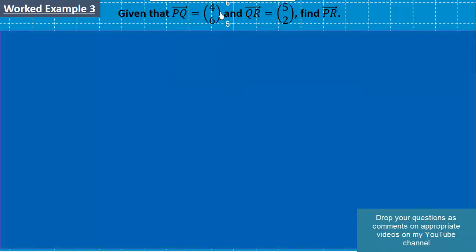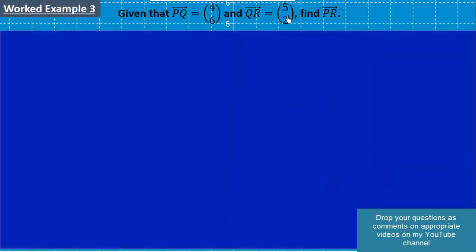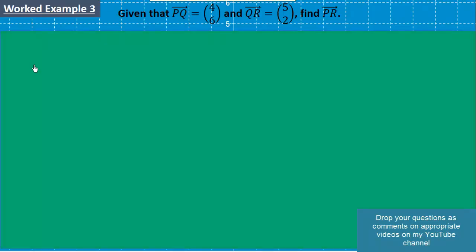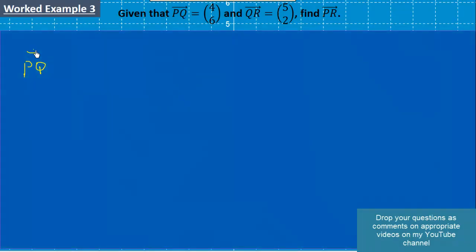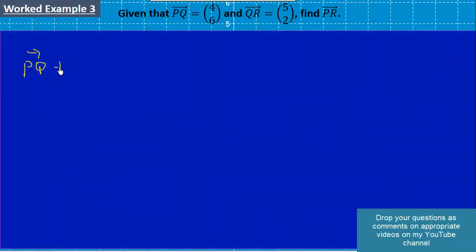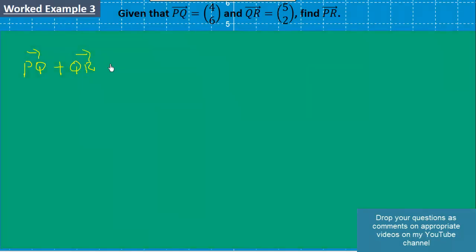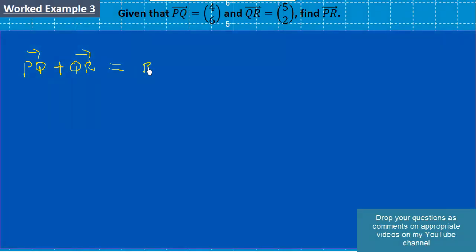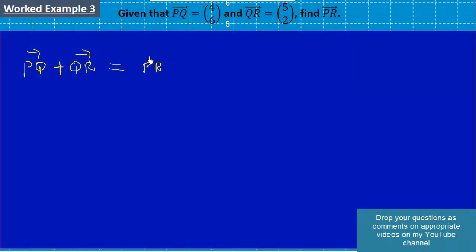Given that PQ is equal to (4, 6), QR is (5, 2), find PR. We have just seen that vector PQ plus vector QR will reduce to vector PR.